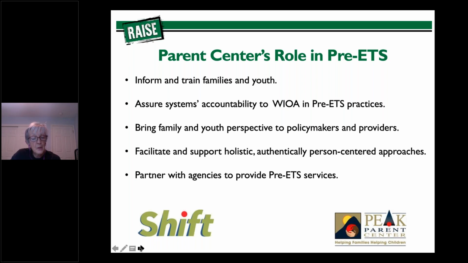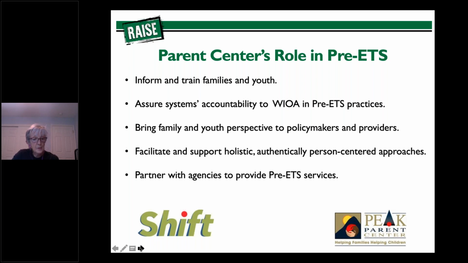But then we also have other ways as parent centers where we can be engaged at the family and youth level, but also at the state and national level in assuring accountability.